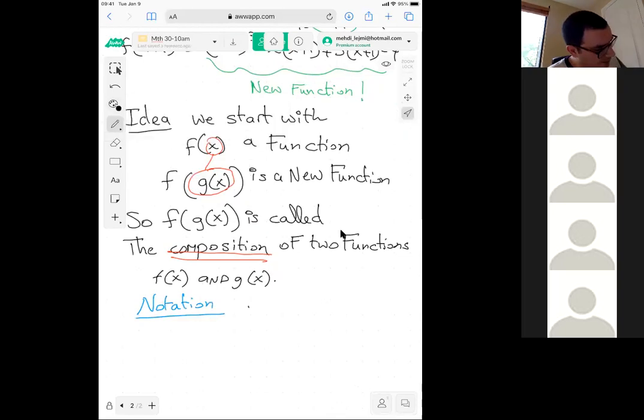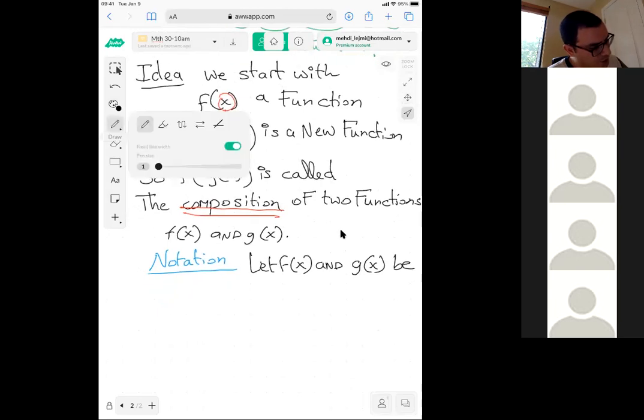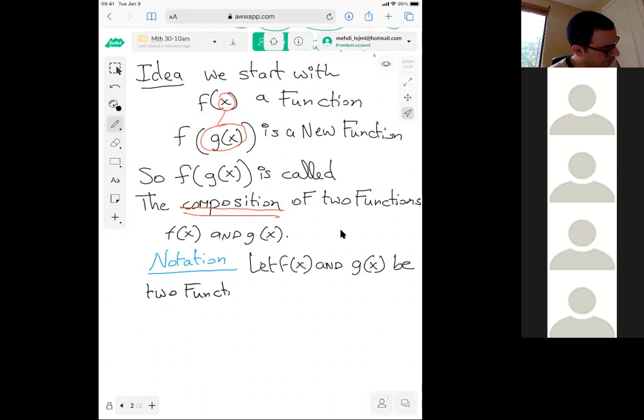So let f of x and g of x be two functions. Then f of g of x is denoted by f, and then a circle, g of x.